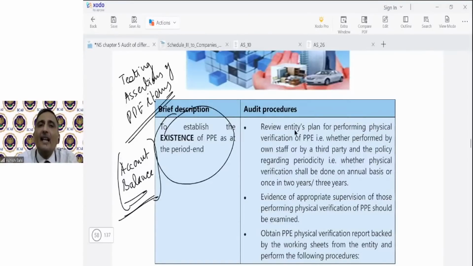It is again part of internal control system. It is again part of internal control procedures of the company.